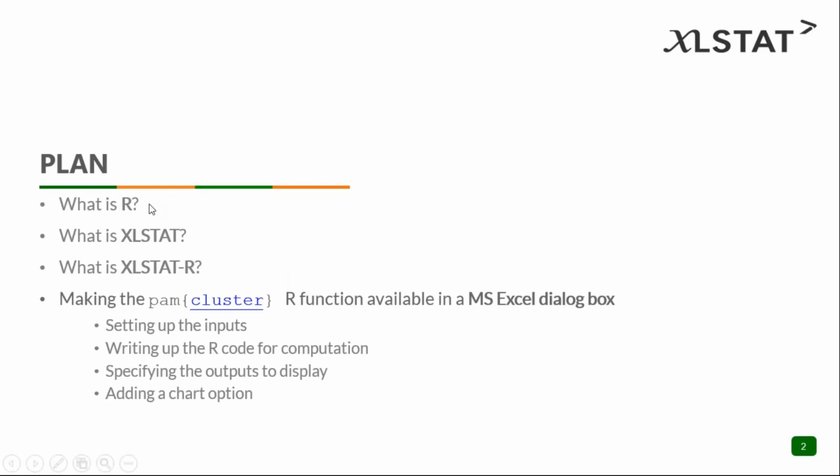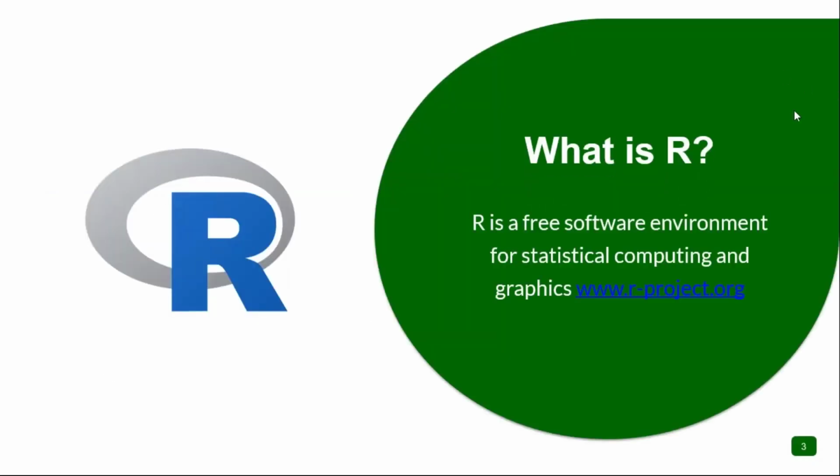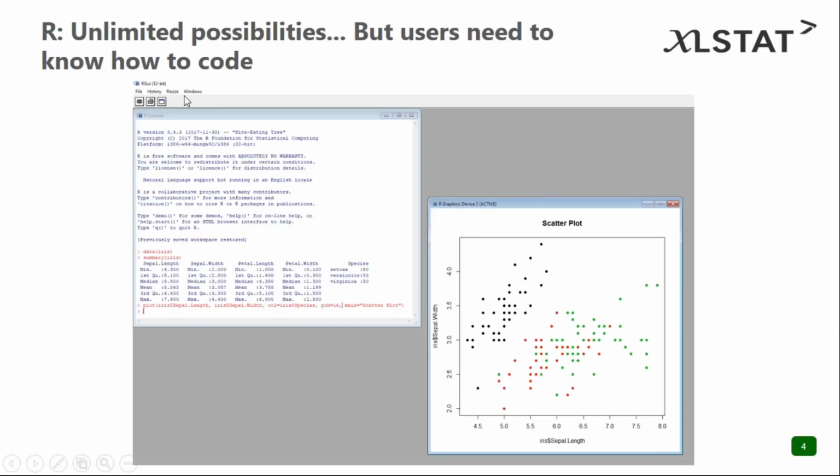So what is R? I think that all of you are familiar with R. It's a free software environment for statistical computing and graphics. I just pasted this definition from the R website, which you can access here. So R has, as you may already know, unlimited possibilities. I think today we have maybe more than 100,000 functions in R, maybe many more, I'm not sure.